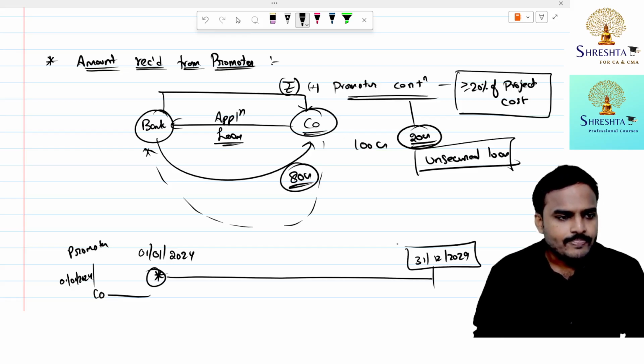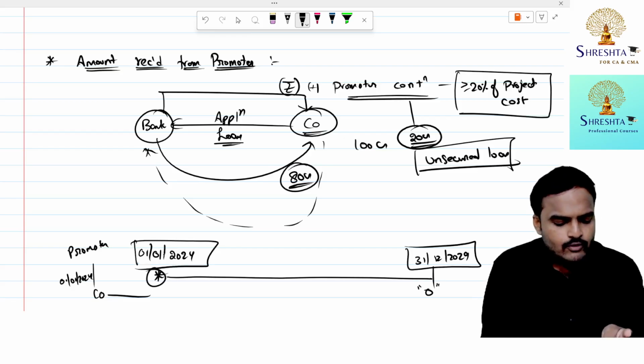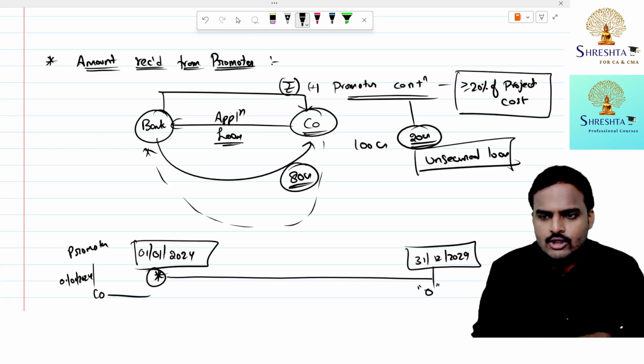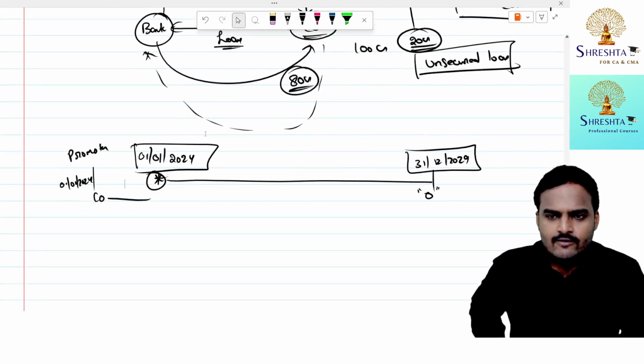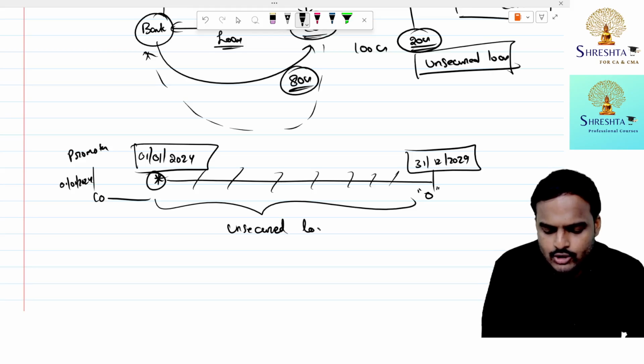So company made that loan amount zero. That means for 24, 25, 26, 27, 28, 29, so 6 years, they took 6 years to repay the complete amount. So for the period of these 6 years, unsecured loan from promoter is not a deposit.